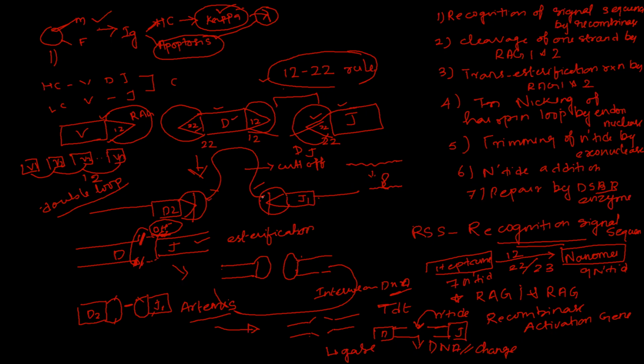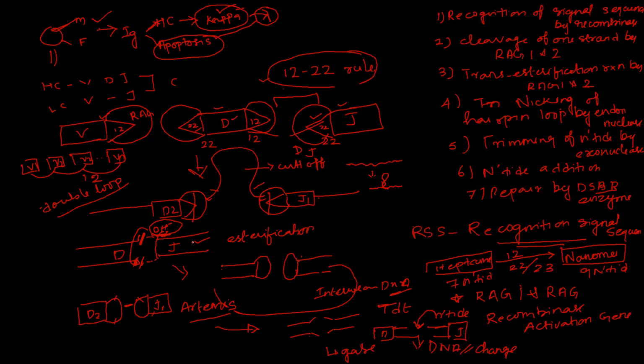Now, consider all these things happening in double-stranded DNA. RAG is going to make a nick in one of the strands, releasing the OH ions. Then this goes and cuts the next strand of the DNA, which is called transesterification.